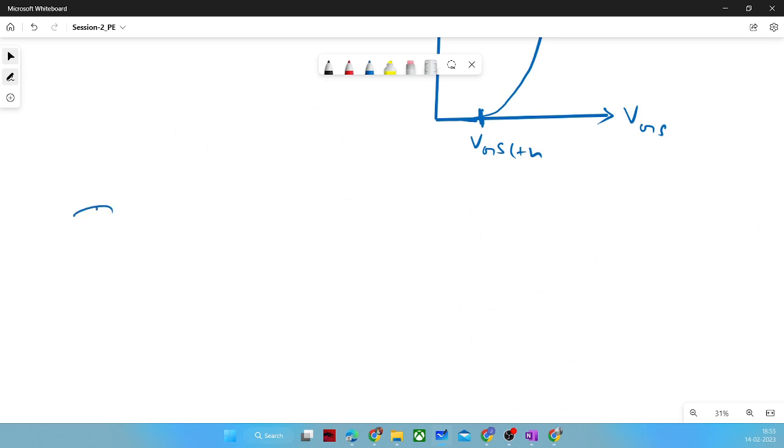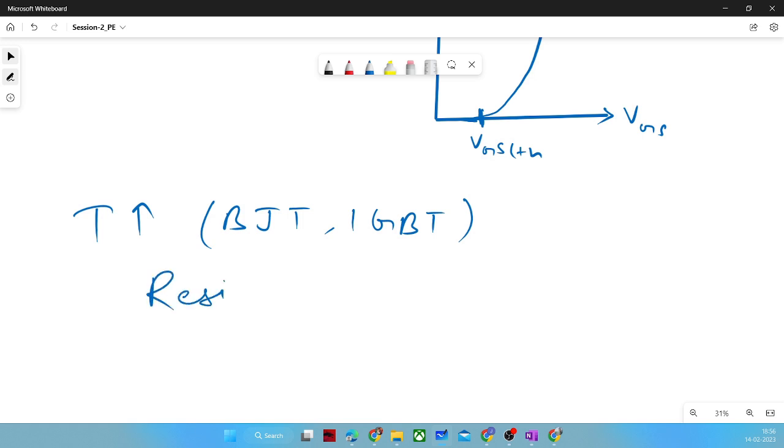If you increase temperature for transistors like BJT or IGBT, what will happen to the resistance of the device?